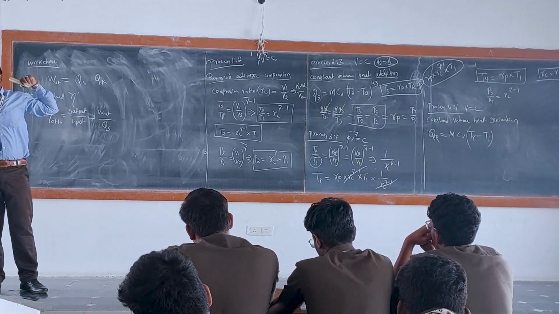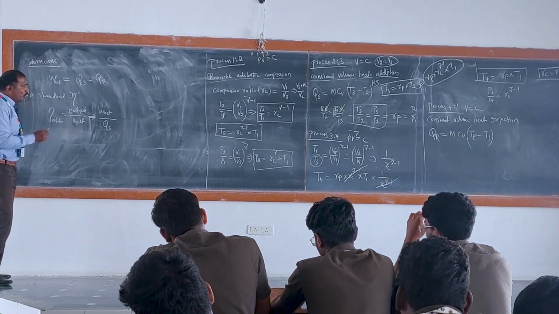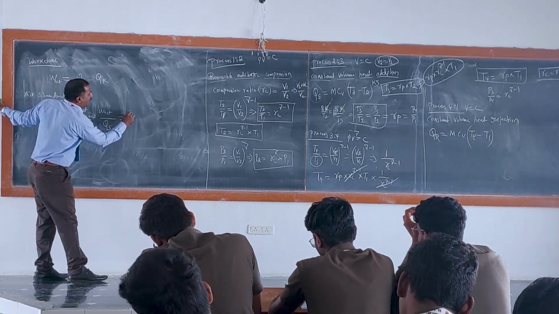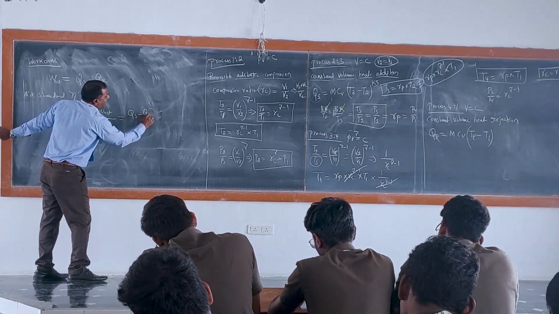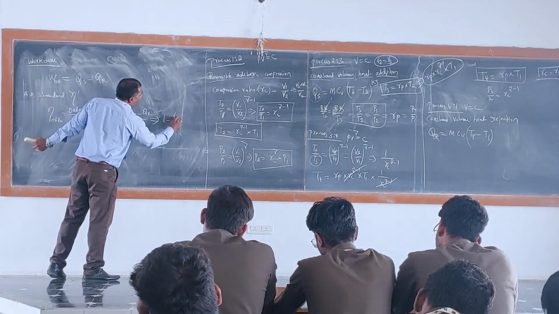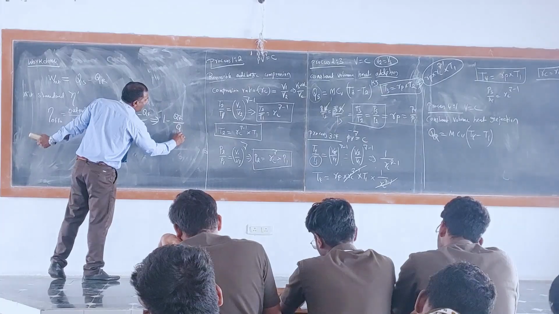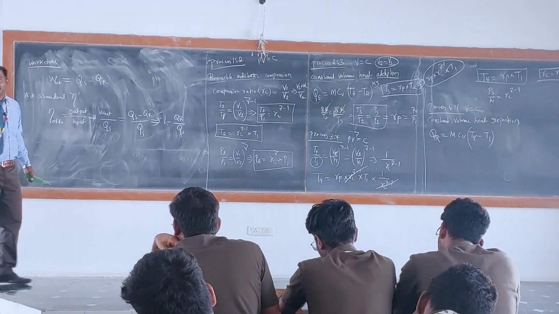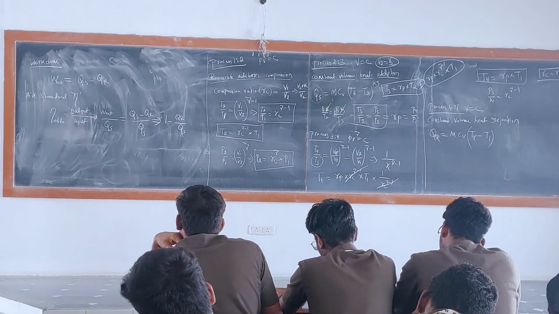So we can write QS minus QR divided by QS, and rewrite this as 1 minus QR divided by QS. This is an efficiency relation.